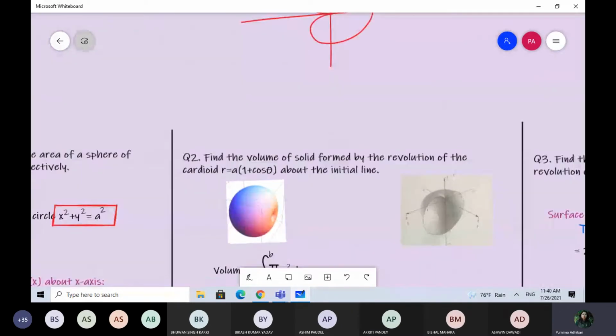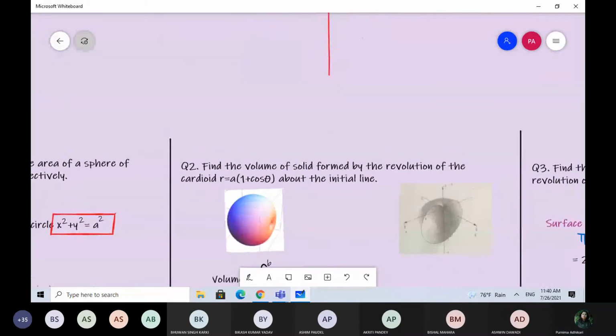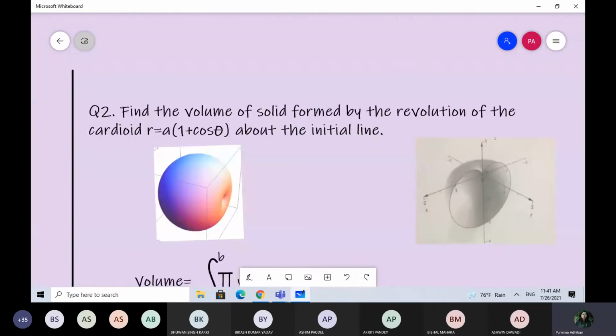Not this one, but like this. This is the solid surface formed from the complete cardioid, this first one. And the second one you can say is the slice, cut through the middle, and you will get this. Clear now? You have to find out what it is asking for. It's asking for volume.